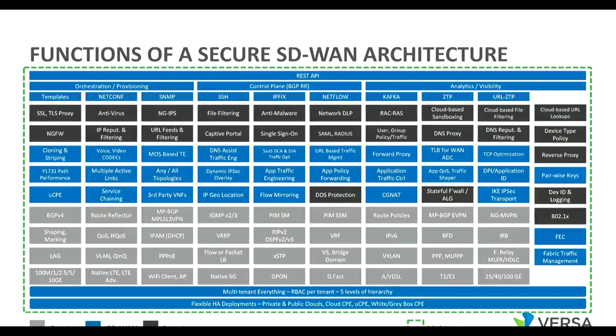For example, first of all, the whole idea is to eliminate appliance sprawl, and that is why you really need a secure SD-WAN architecture which combines routing, networking, security, SD-WAN, Wi-Fi, LTE. Additionally, it should allow you choices for third-party VNFs. It should allow you flexible site configuration with multiple WAN types.